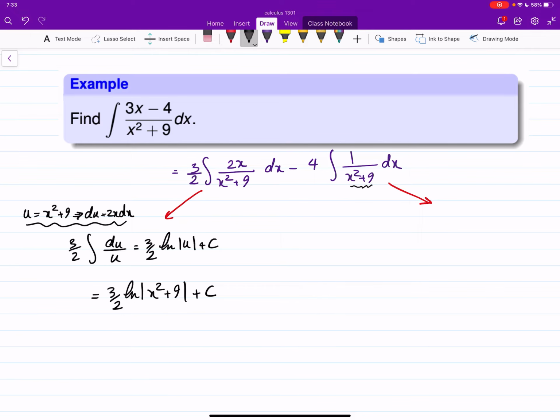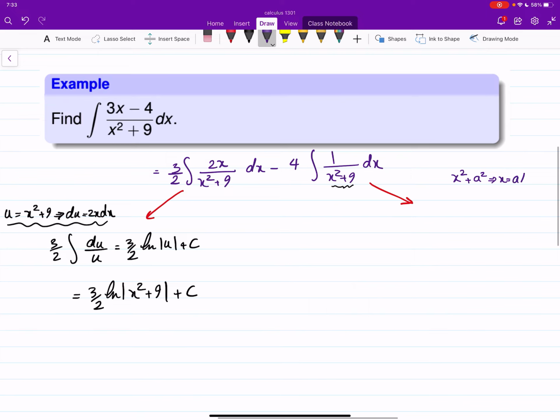So the next step is to use trig substitution. Remember that if we had x squared plus a squared, we use x equal to a tan theta. Here we will use the same idea, but a here is 3. So I'm letting x equal to 3 tan theta.